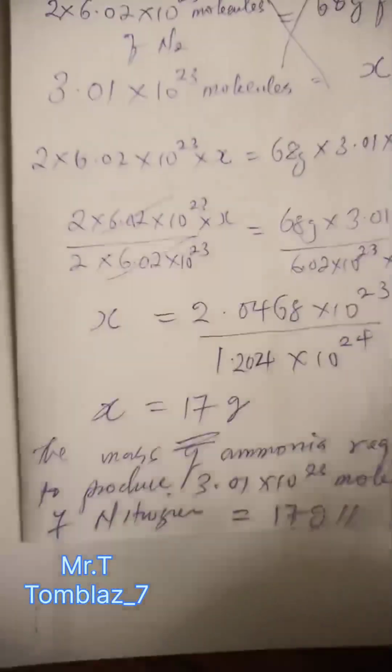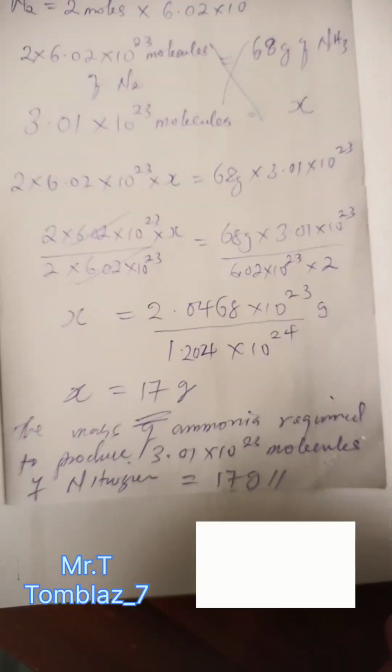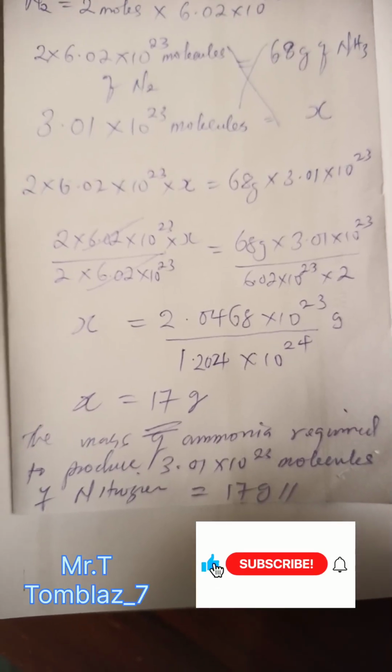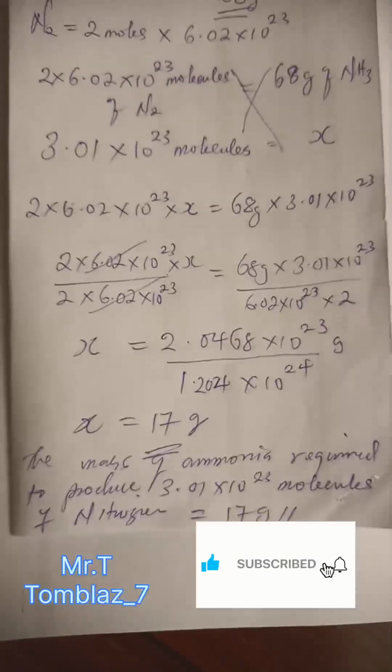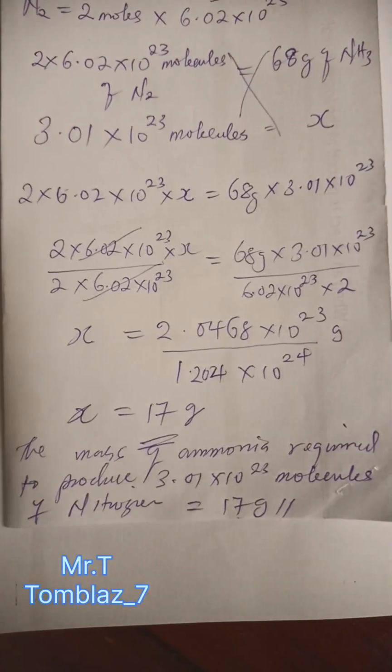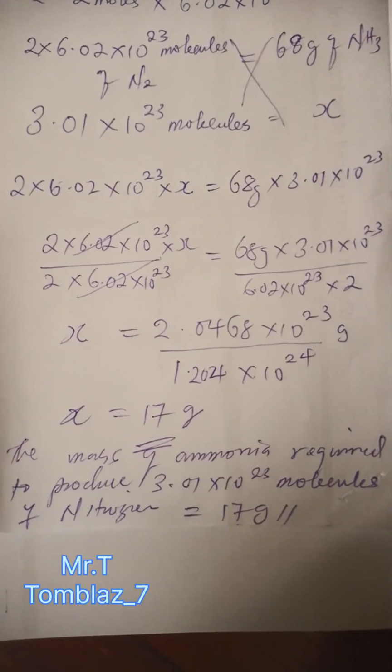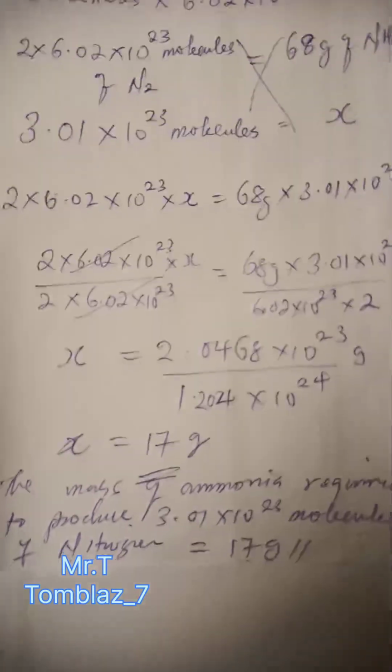So the mass of ammonia required to produce 3.01 times 10 raised to power 23 molecules of nitrogen is equal to 17 grams.